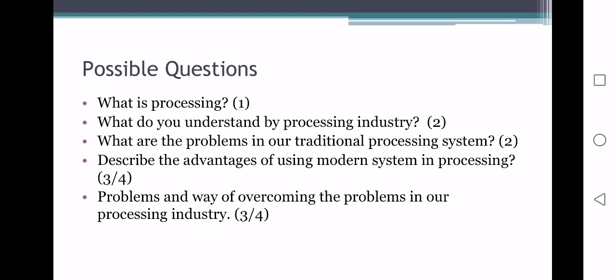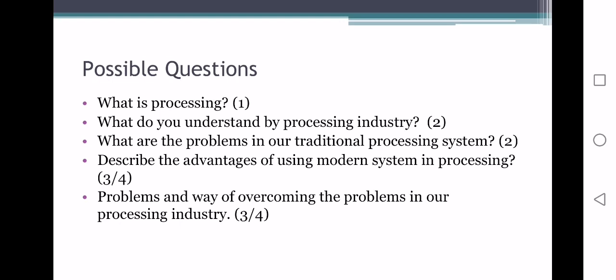You may find some possible questions from lesson 4, such as: what is processing, what do you understand by processing industry, what are the problems in our traditional processing system, describe the advantages of using a modern system in processing, and problems and ways of overcoming the problems in our processing industry.